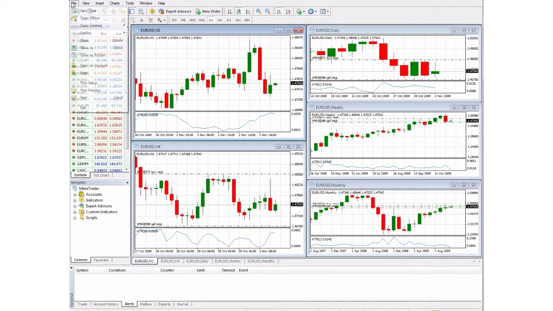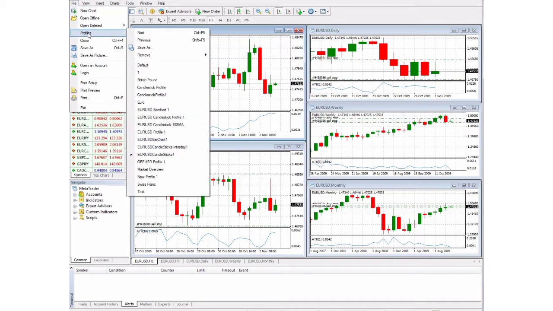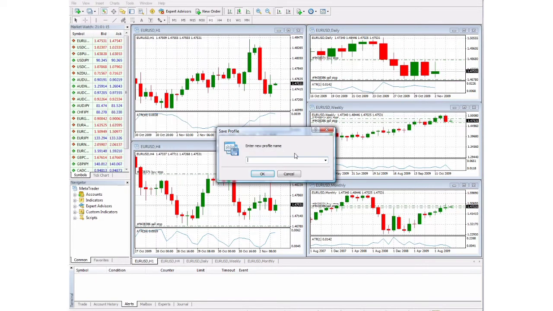So here's what we're going to do. We're going to go over to File, go over to Profiles, and go to Save As. And we're going to name it USD CHF candlesticks 1.